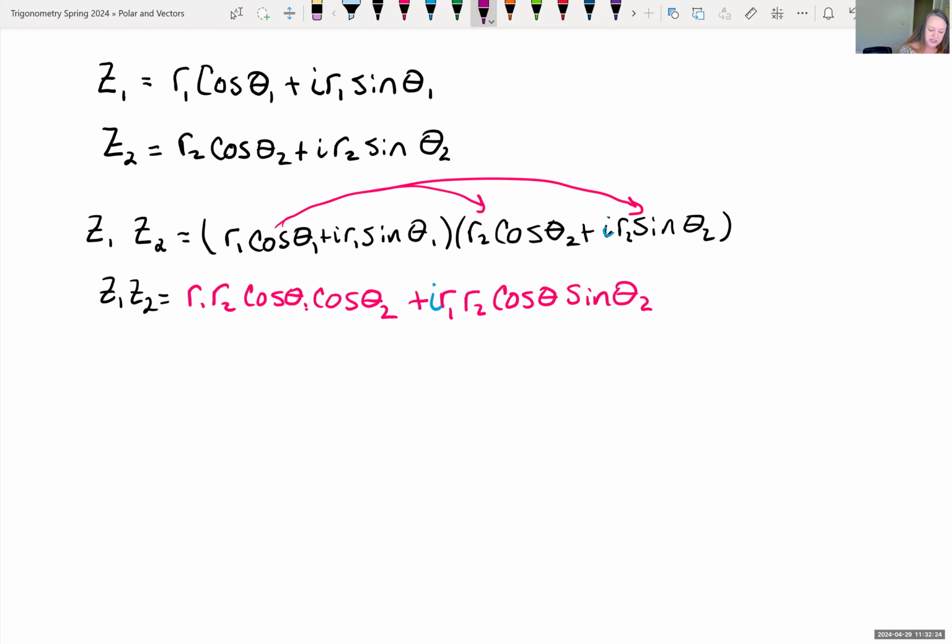Now let's distribute the second term in the first parentheses. We will have plus i r sub 1 r sub 2 sine theta sub 1 cosine theta sub 2.